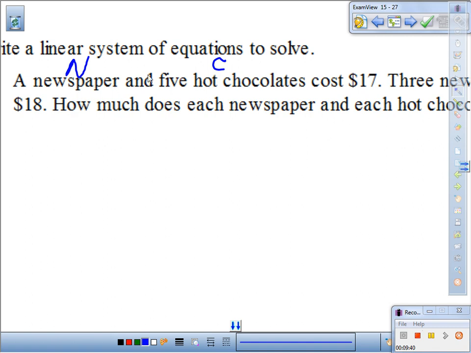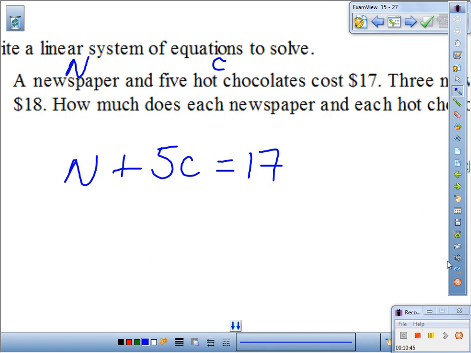Connor, what is our equation for this first one? N plus, no, 5C equals 17. That is correct. Pass someone? Cooper.